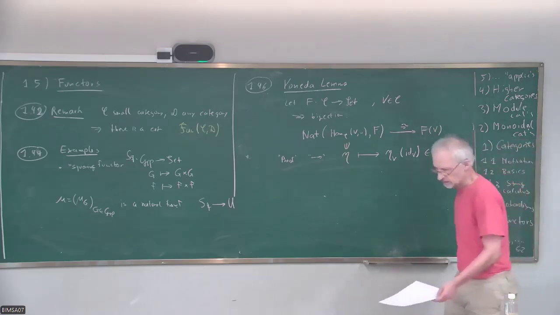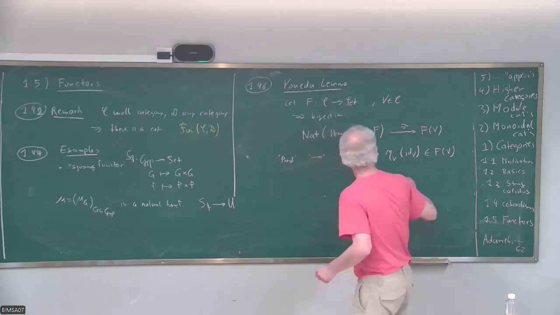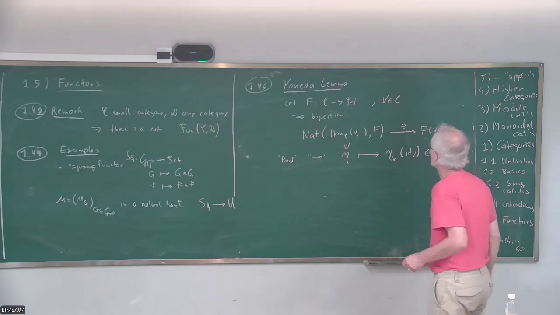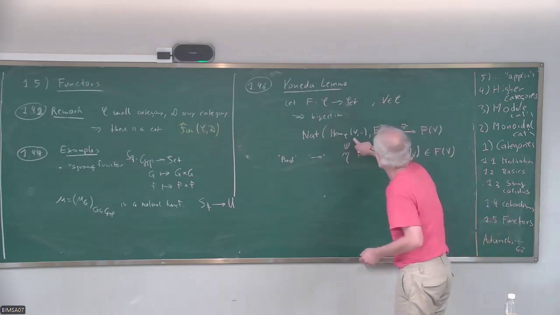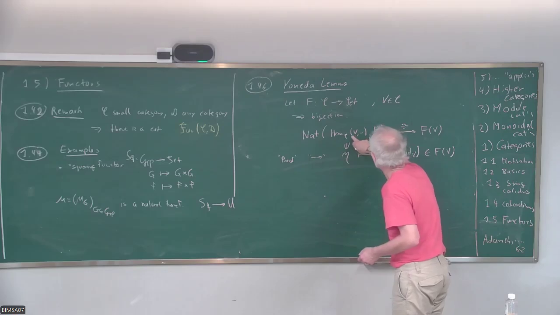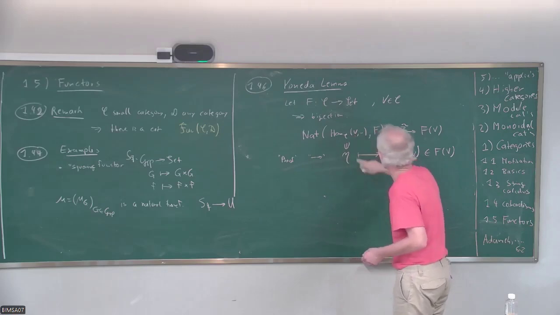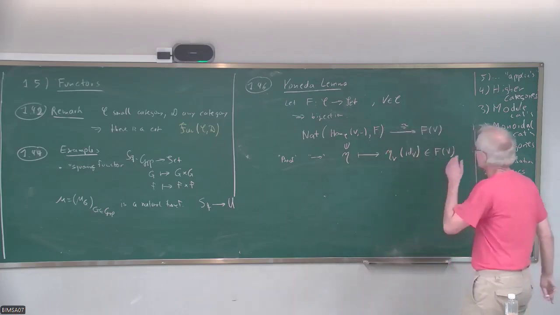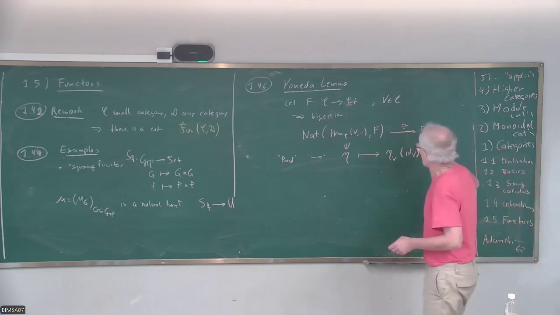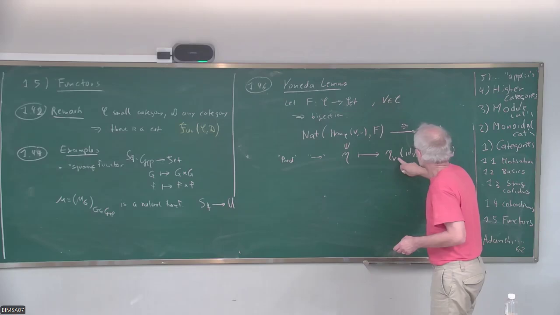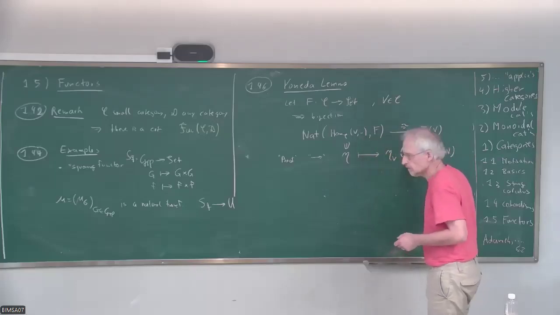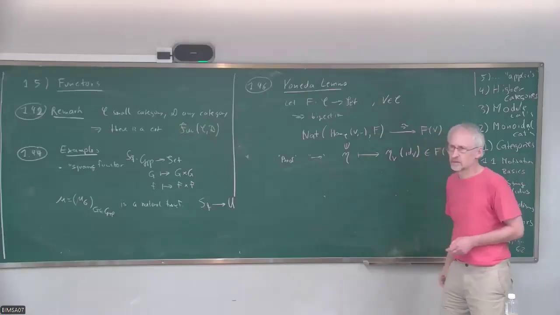Because, well, what is eta V? Eta V goes from the endomorphisms of V, so you put in V here, and then you have F of V here. So this is a map from the endomorphism space here to F of V, and you apply it to some element here, so you get an element in F of V.